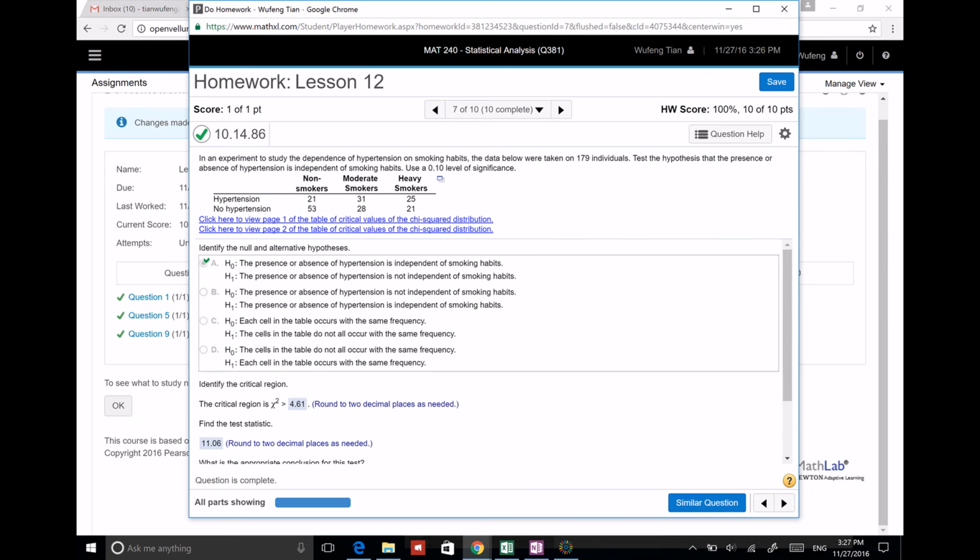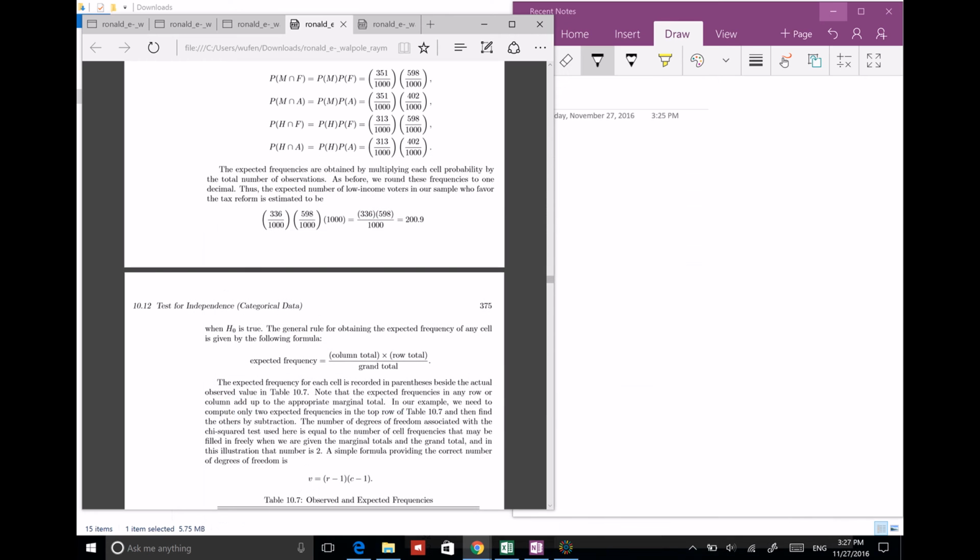So common sense tells me they should not be independent, right? This is a good way to test whether one factor is independent of another factor or not.